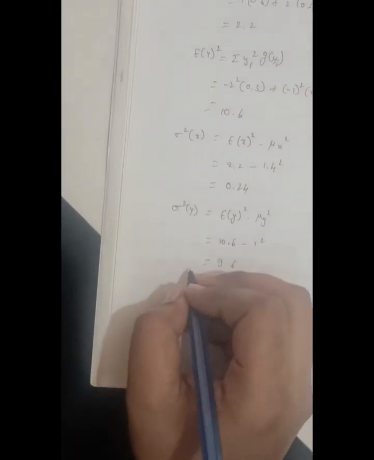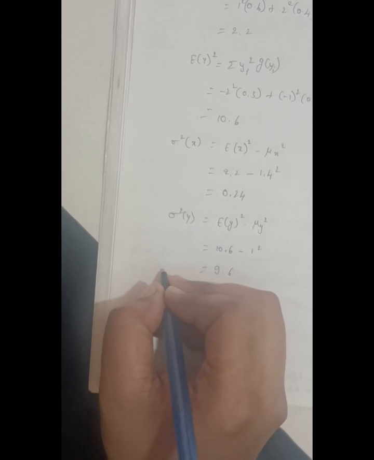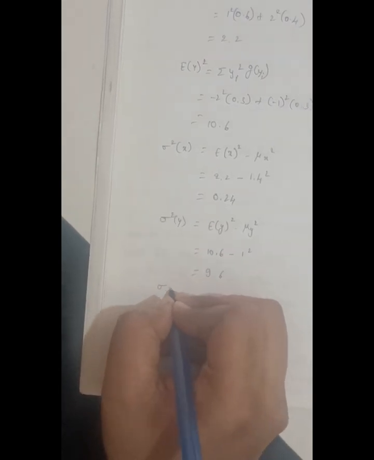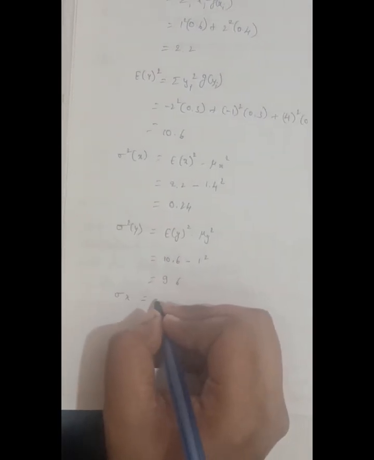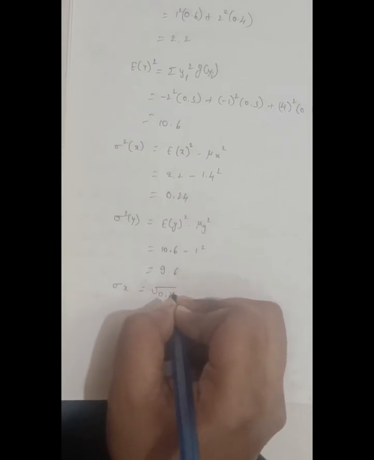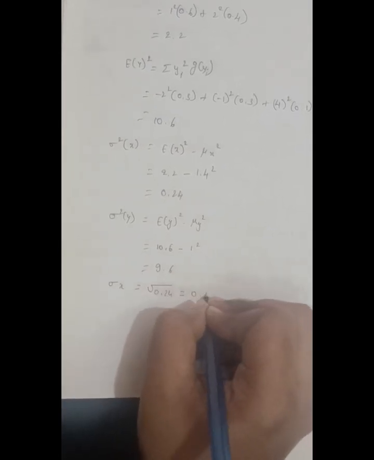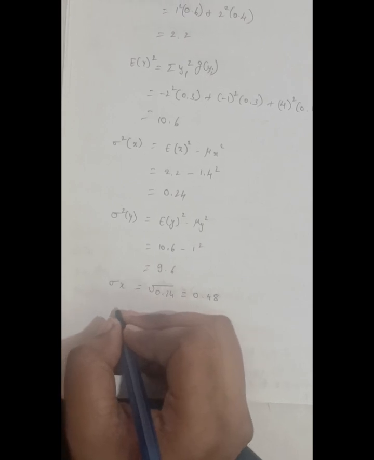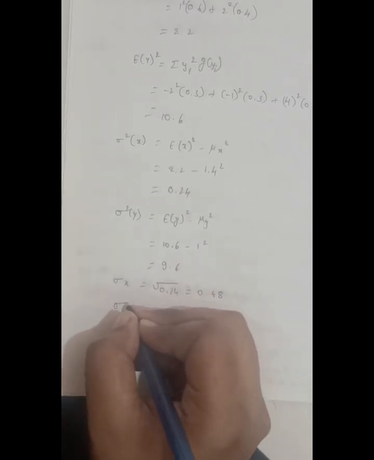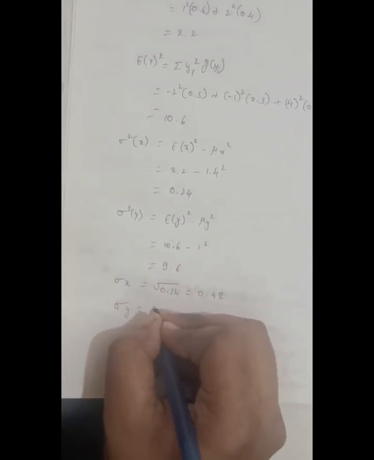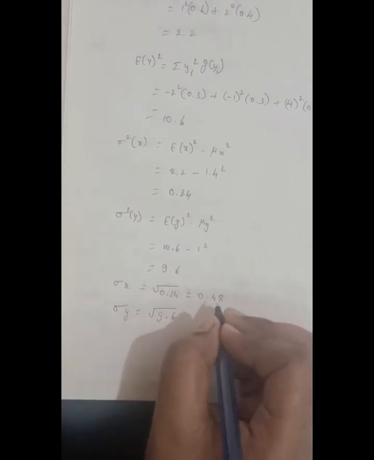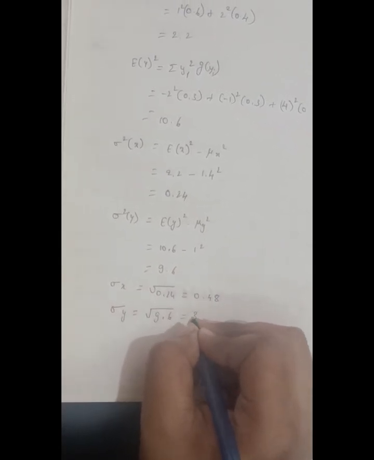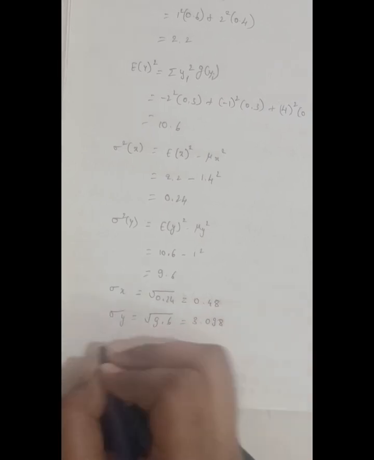Then sigma x is equal to the square root of 0.24, which is 0.48. Then sigma y is equal to the square root of 9.6. This is 3.098.